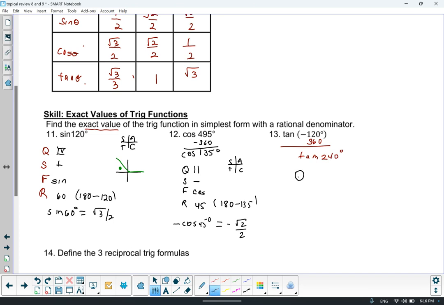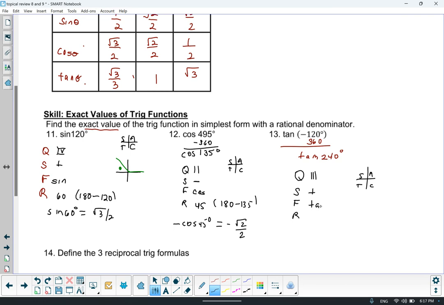Again, it's a gimmick just to help you remember. So 240 degrees is located in 3. Let's do all students take calculus. So in quadrant 3, tan is positive. So this function is positive.